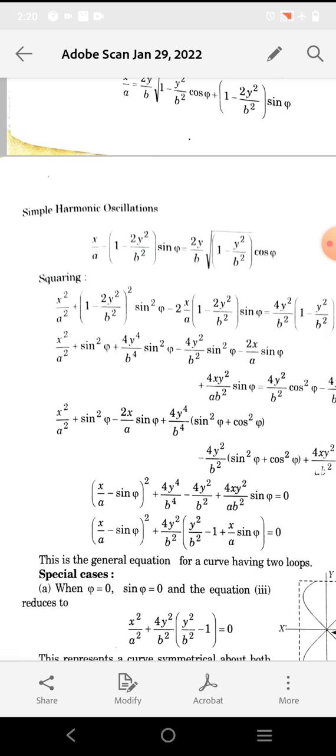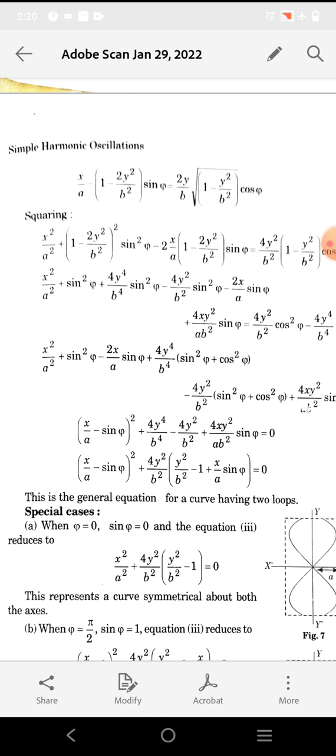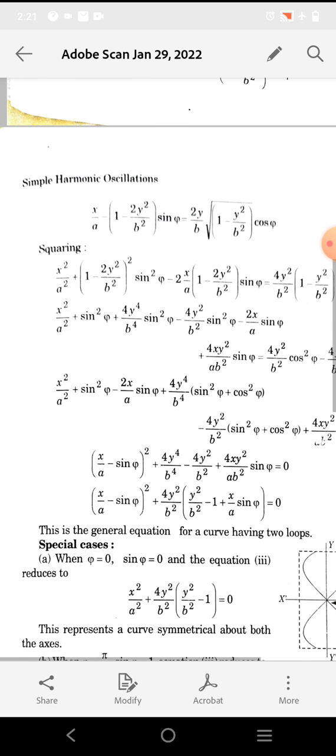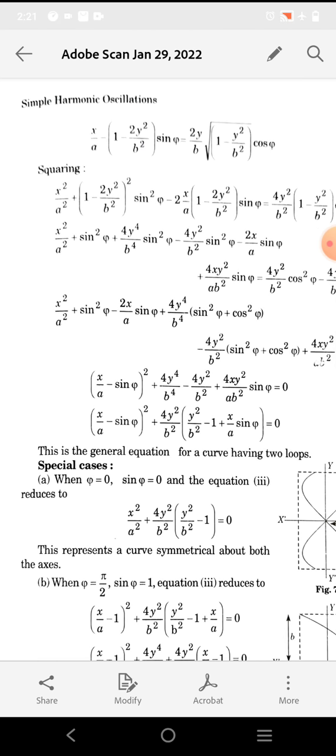That equation simplifies like this: x by a minus 1 minus 2 y square by b square into sin pi, that is equal to 2y by b under root of 1 minus y square by b square into cos pi. Squaring on both sides, just like the (a minus b) whole square formula, expand it.